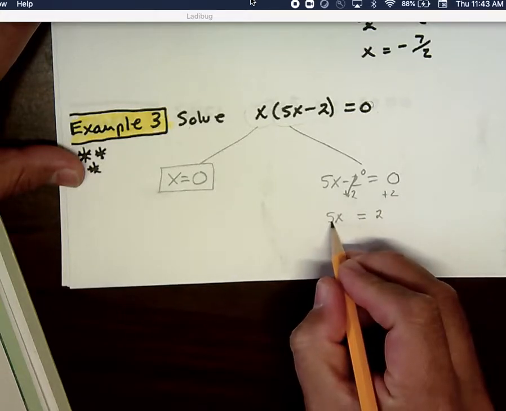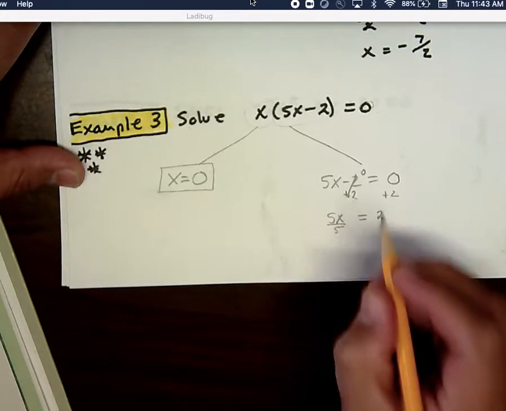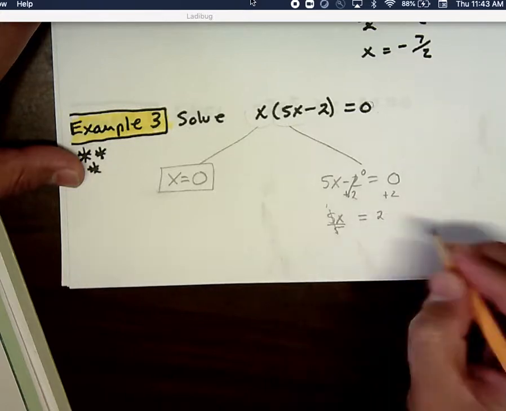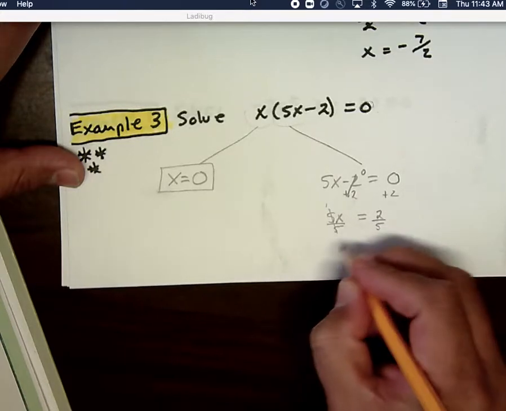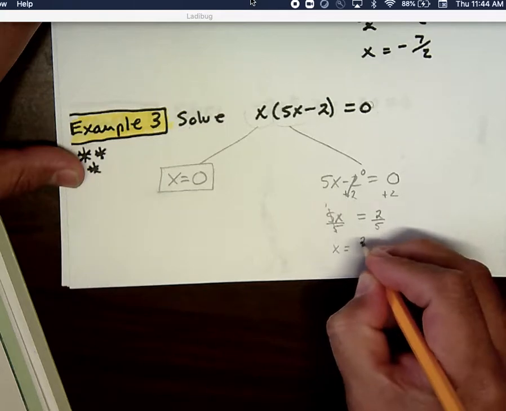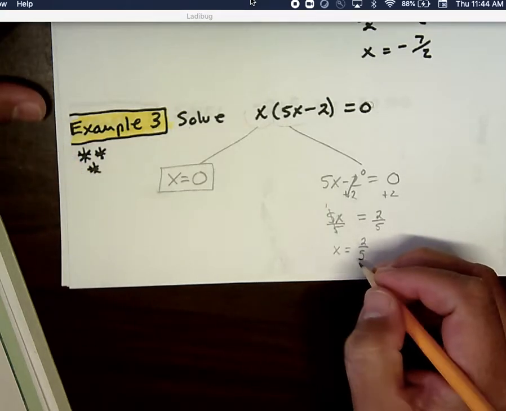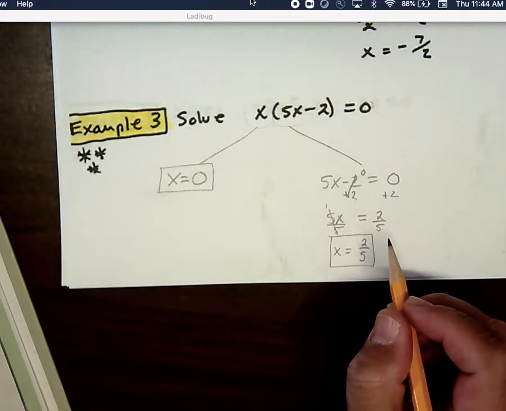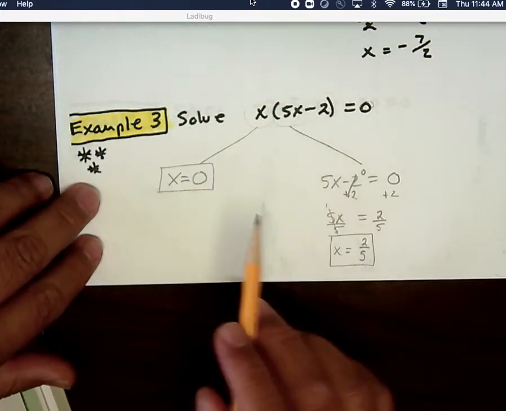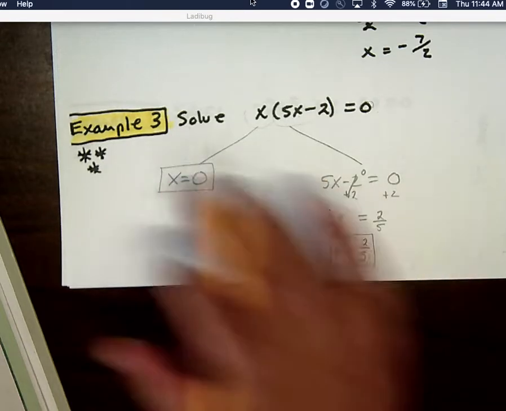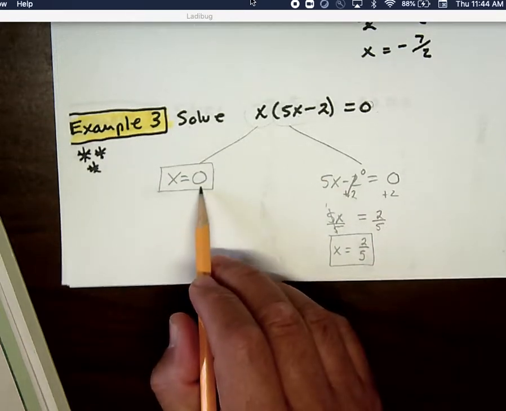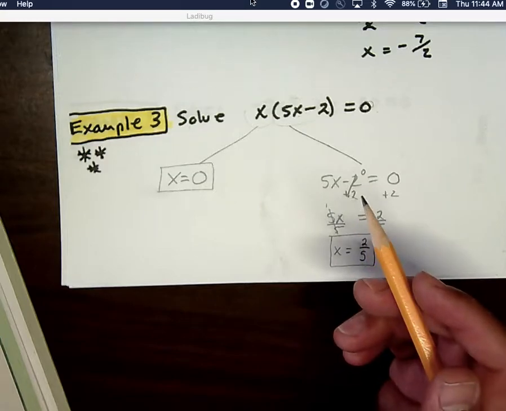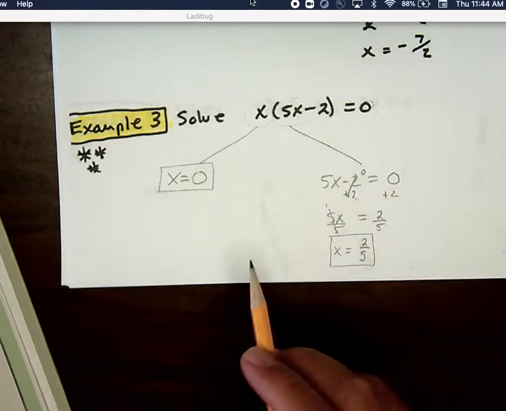And then to eliminate the 5 on this side to make it 1, we divide by 5. So x will equal 2/5. And this would be the solution, the second solution for that. So this is how you do this one. Again, it's intercept. It's where they touch the x-axis, the parabola.